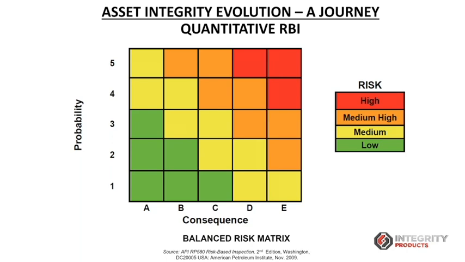We can see the red areas that are more vulnerable to CUI, the high risk areas, and the green ones are the low risk areas. So quantitative RBI helps to prioritize our inspections. We can focus more on the areas with high risk, and focus less on the green areas, the safe areas, in the beginning. We have to attend to the high risk zones first. So it's about prioritization of inspections.